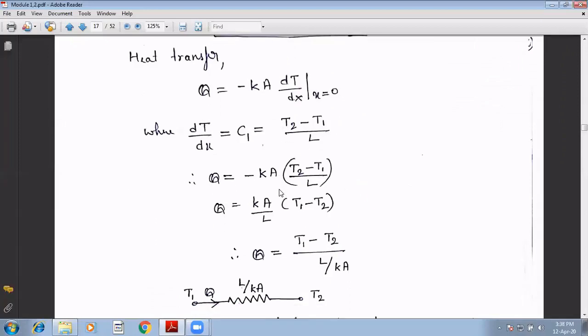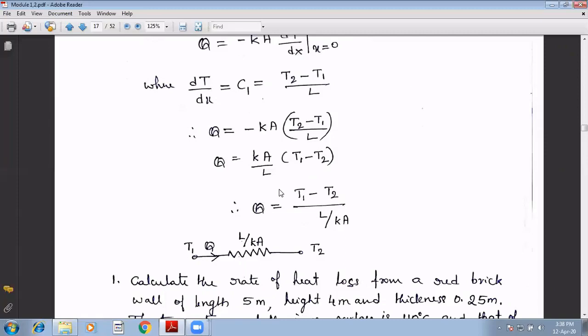Both are same. Now here you got q equal to delta T over something. This term is nothing but resistance, in this case for a plane slab, the conductive resistance in a plane slab.